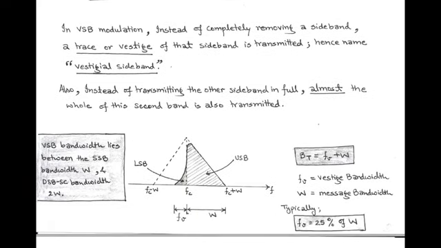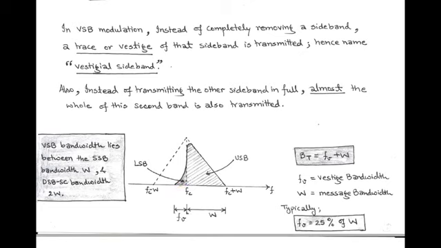In VSB modulation, instead of removing one of the sidebands completely, a trace or vestige of that sideband is transmitted. As shown in the figure, our interest is to remove the lower sideband, so we take the trace or vestige of the lower sideband as a part of the transmitted signal.